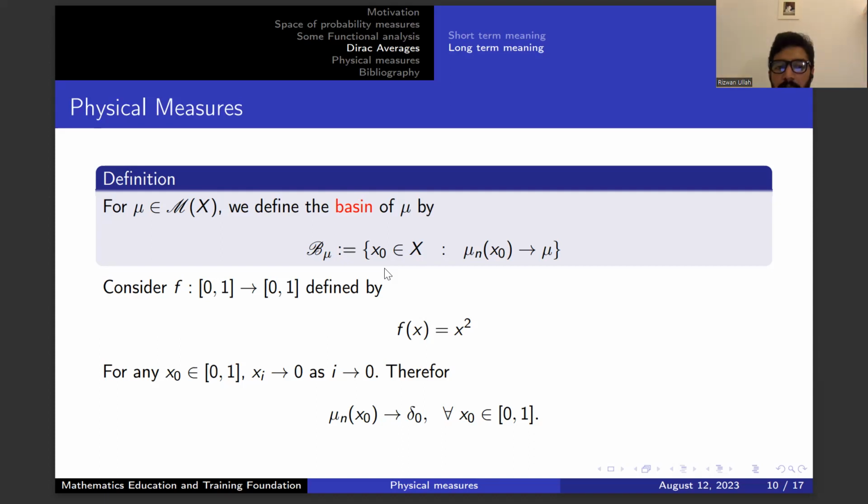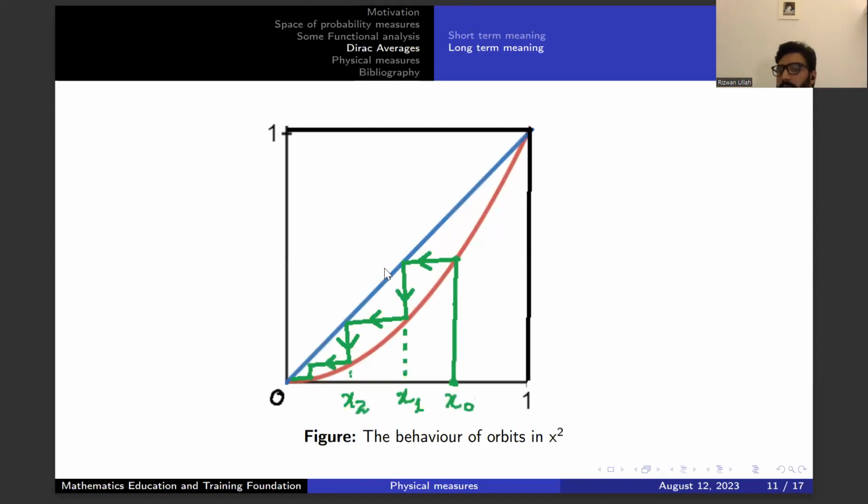And if we see the distribution of the orbit for each and every point except the point 1, it's telling us the same: for every point other than the point 1, the orbit of that point is converging to 0, except for the point 1. So this is also confirming the previous concepts.